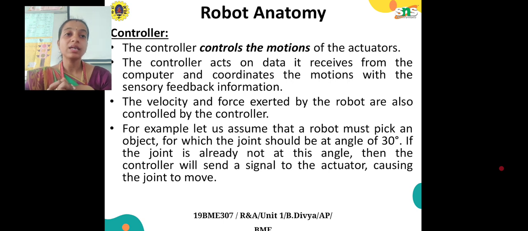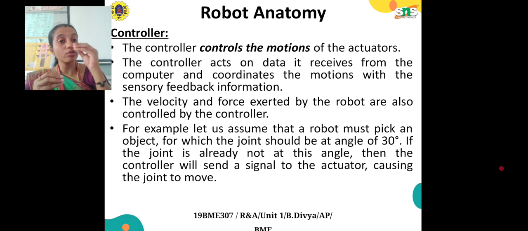For example, let us assume that the robot must pick an object for which the joint, the wrist, should be at an angle of 30 degrees.